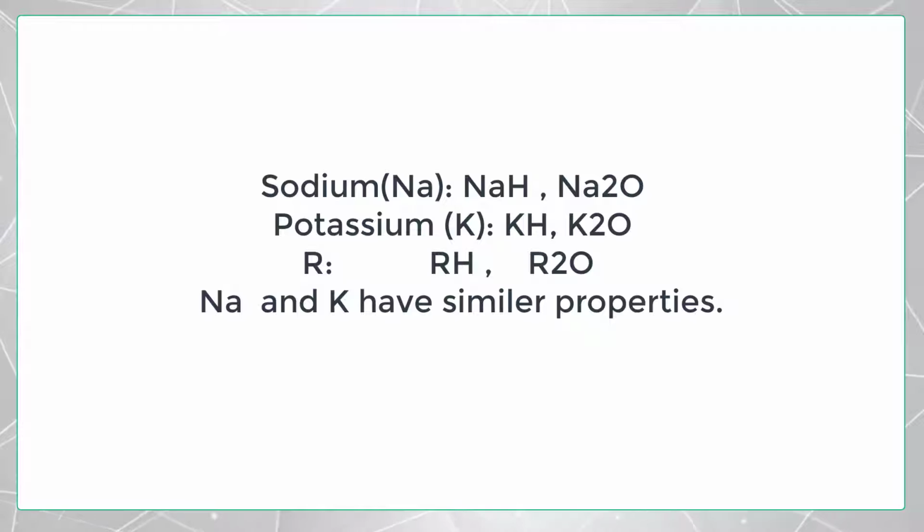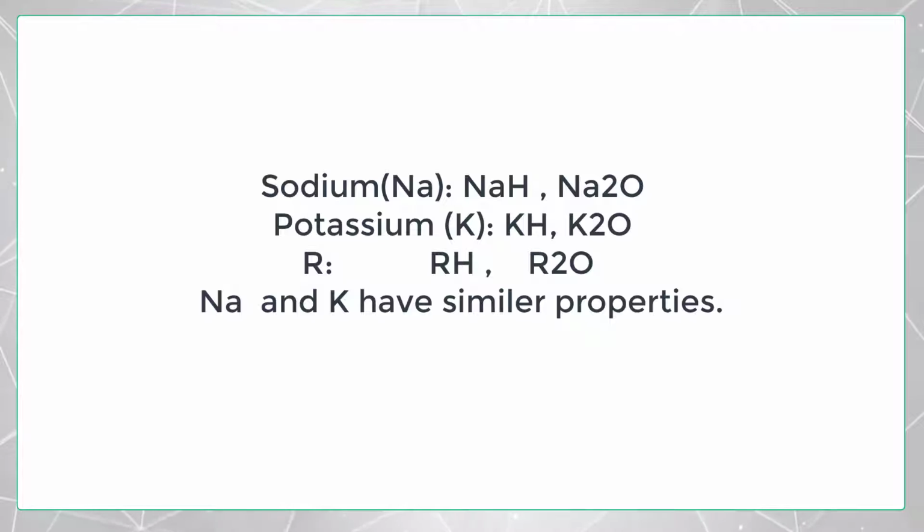Similarly, for potassium, the compounds formed are KH and K2O. If we represent the element as R, then the chemical formula is same for both, RH and R2O. So sodium and potassium have similar chemical properties and can be grouped together.